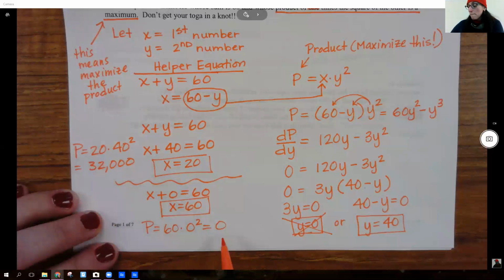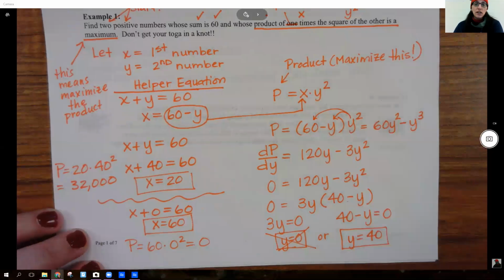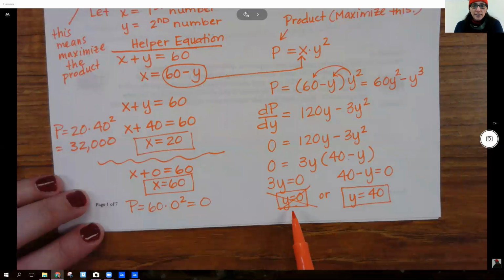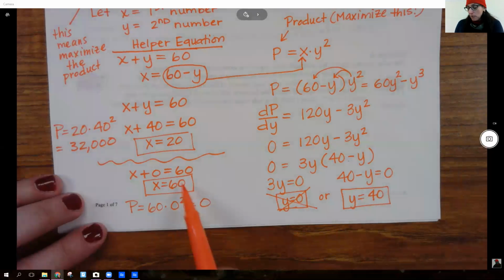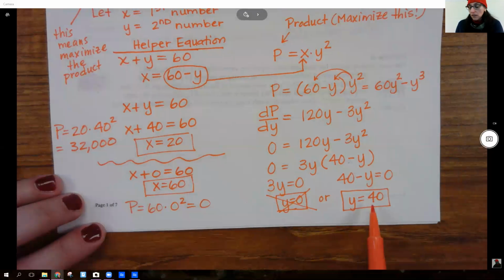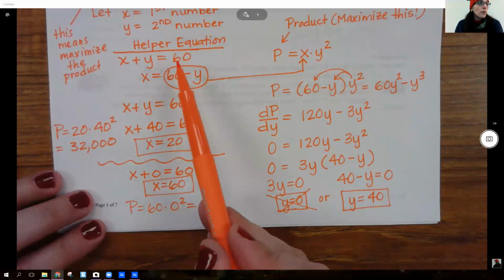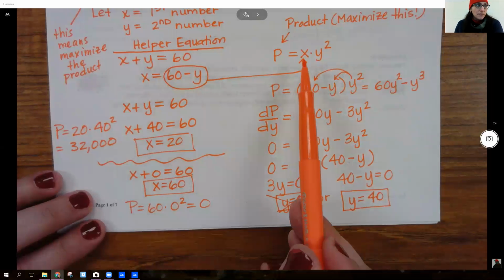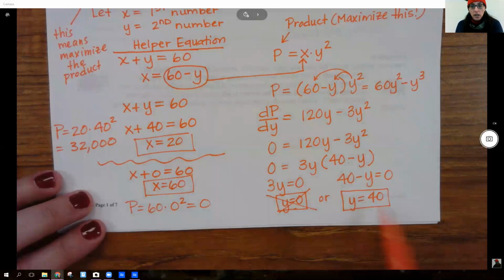So you're trying to maximize the product, trying to get the biggest possible answer. So even if you didn't throw out the 0, when you plug it in, you'd see that this product answer is bigger than this one. So it must be 20 and 40. Okay. So the two numbers whose sum is 60 and whose product is the first one times the second one squared have to be 20 and 40.